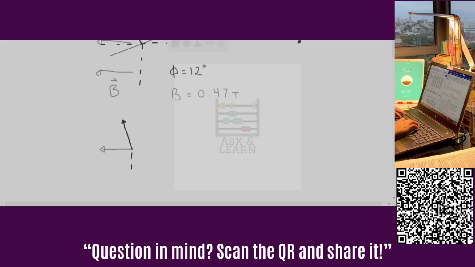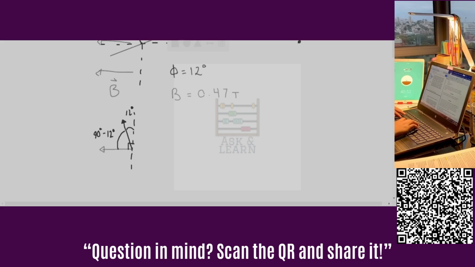So we now know that this angle is 12 degrees. This angle on the other side must be 90 degrees minus 12 degrees, because originally they were perpendicular to each other. So 90 minus 12 degrees is actually the angle that the surface normal makes with the magnetic field, not 12 degrees, which is up here.